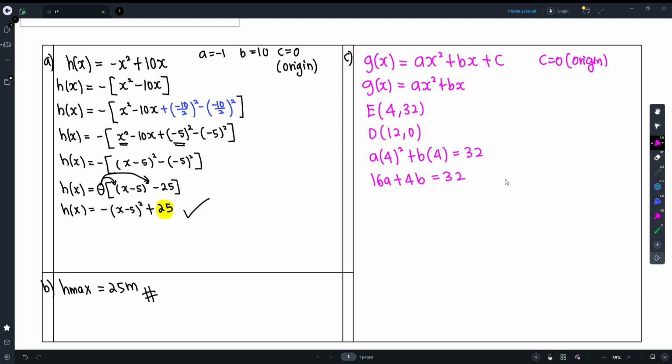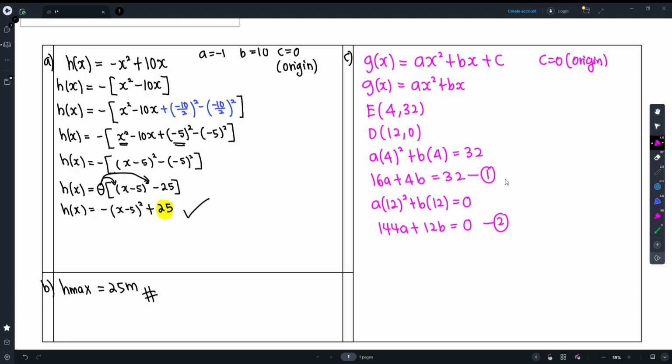My second equation will be a times 12 square plus b multiplied by 12 equals 0. So 144a plus 12b equals 0. This will be my second equation.